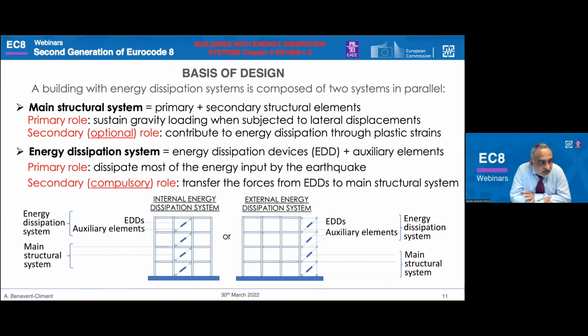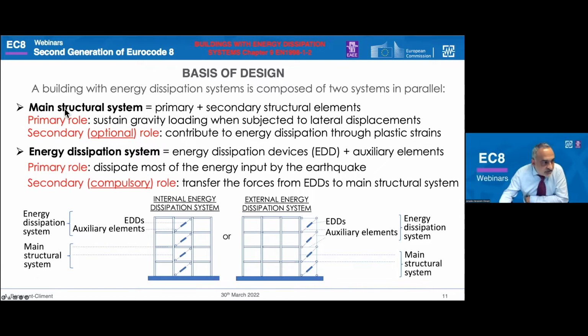A building with energy dissipation devices is composed of two systems that are working in parallel. That is, they are subjected to identical lateral displacements at each floor level. These two parts are the main structural system and the energy dissipation system.